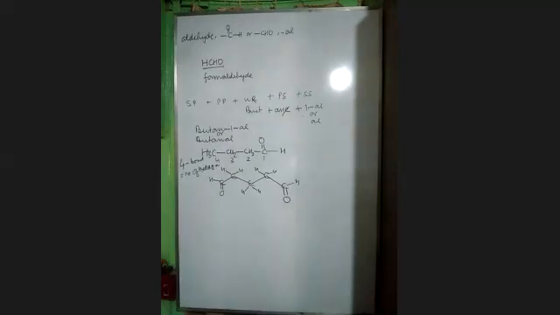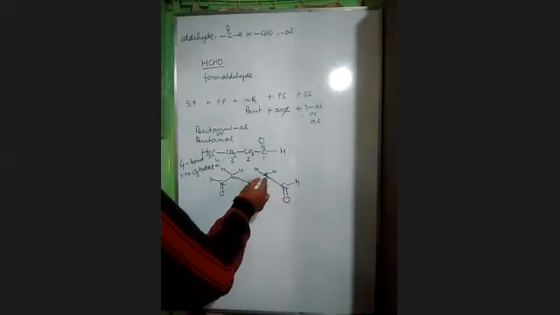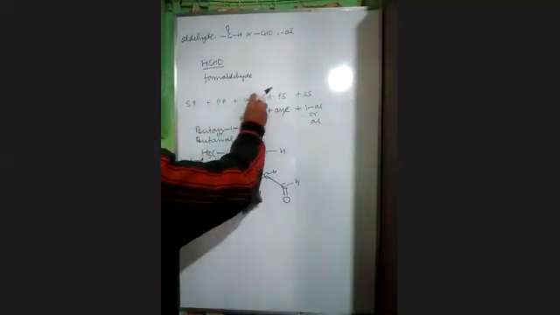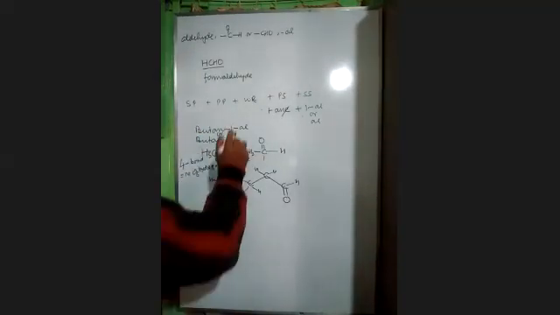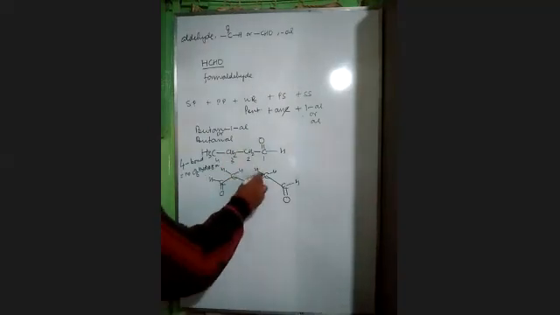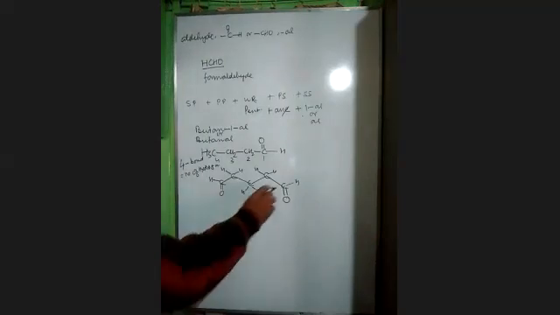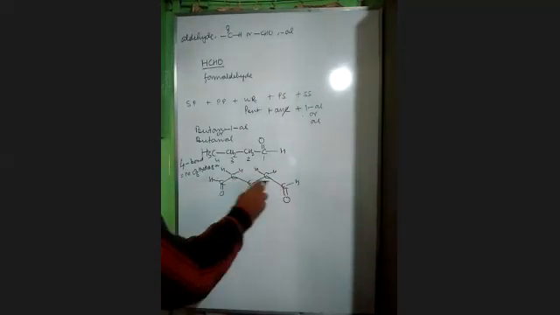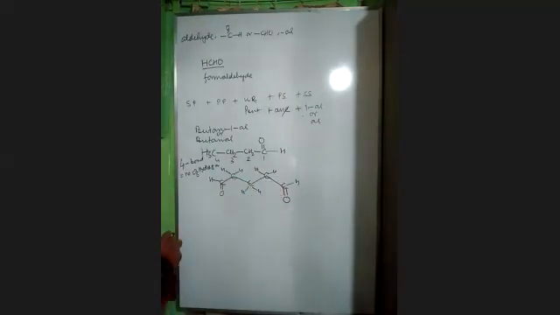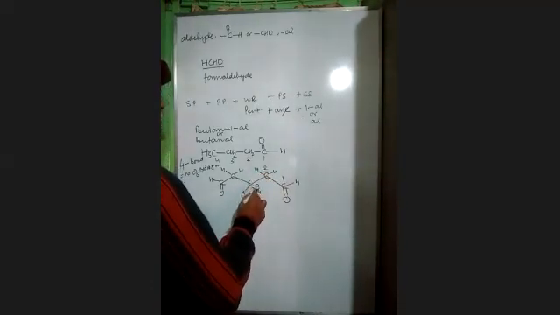So what will be the name? Main carbon has 1, 2, 3, 4, 5, so it is pent. Now it does not have any carbon-carbon double bond, so it is AN. How many aldehydes are there? 2. On which carbon? 1, 2, 3, 4, 5.